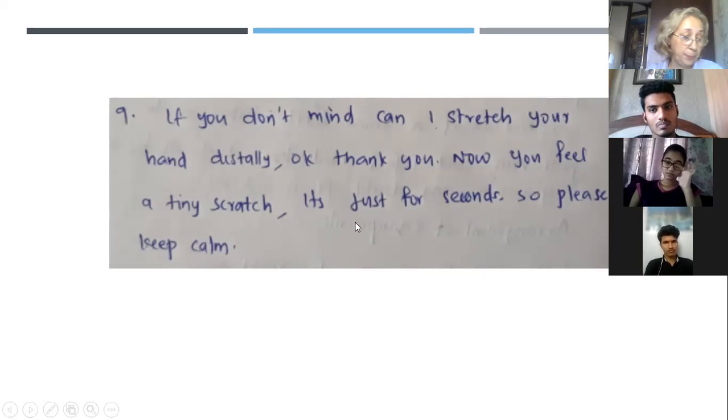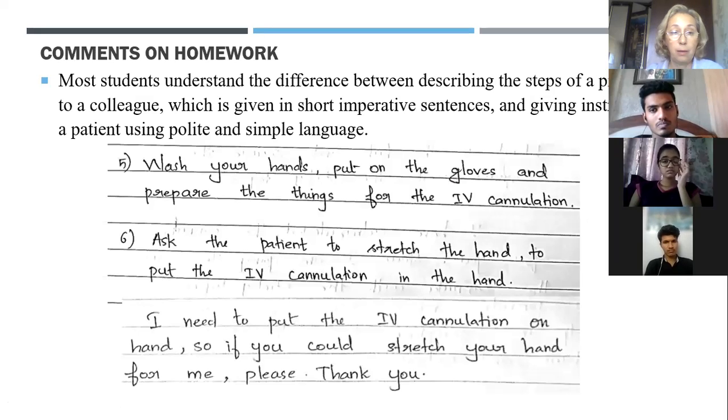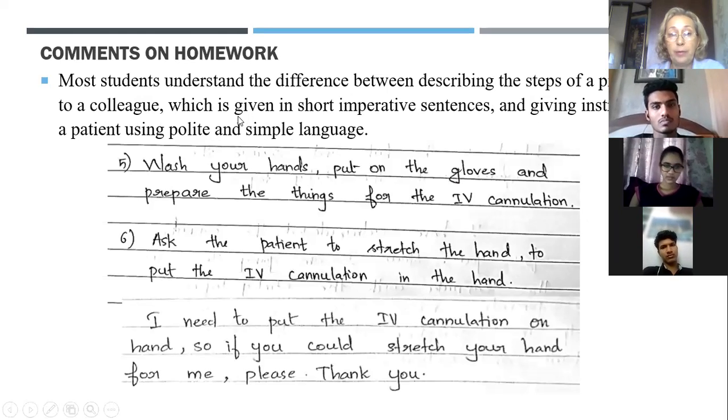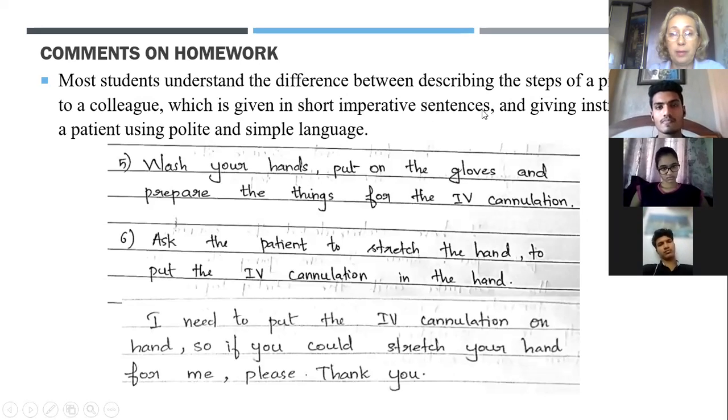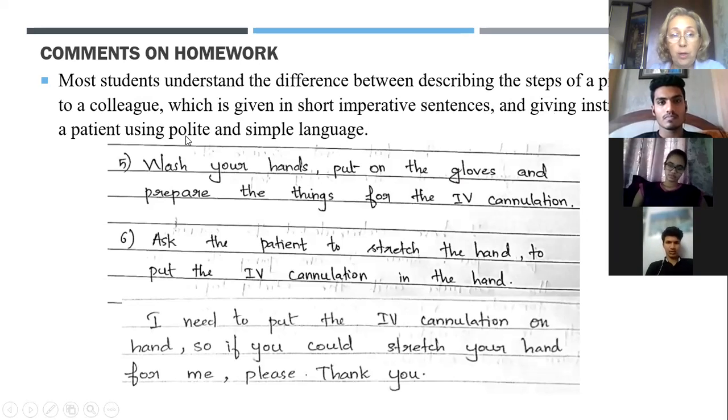Well, and most students understand the difference between describing the steps of the procedure to a doctor, to a colleague, which are given in short imperative sentences using the imperative mood, and giving instructions to a patient where you use polite and simple language.